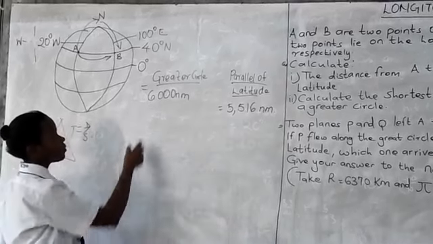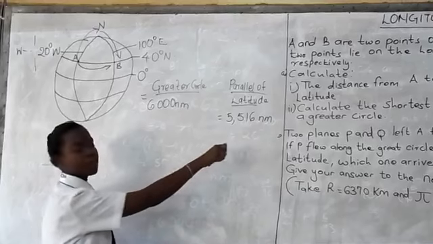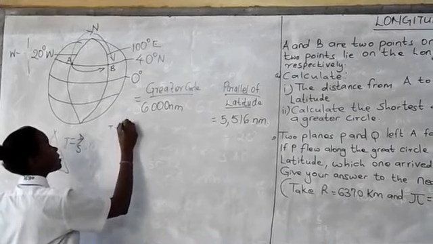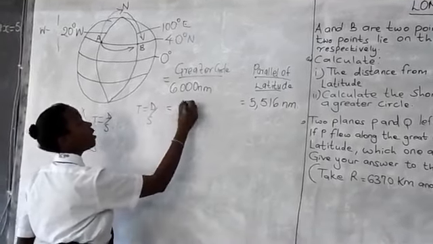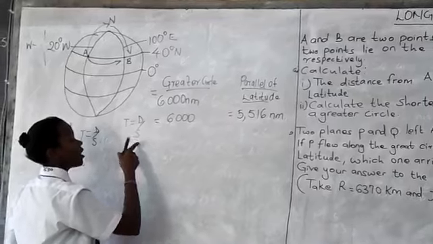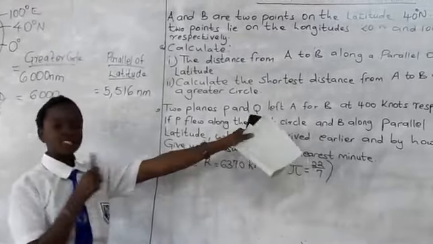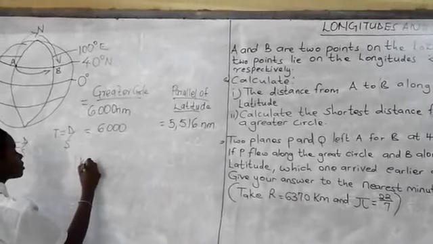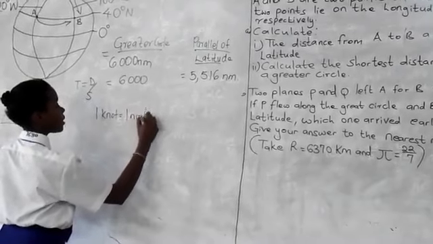We'll first calculate the one for the great circle, find the time, then we find the time for the parallel of latitude. Time will be distance over speed. Our distance here is 6,000 nautical miles, and our speed, we've been told it is in knots. Because it is in knots, we also have another formula which says 1 knot is equal to 1 nautical mile per hour.